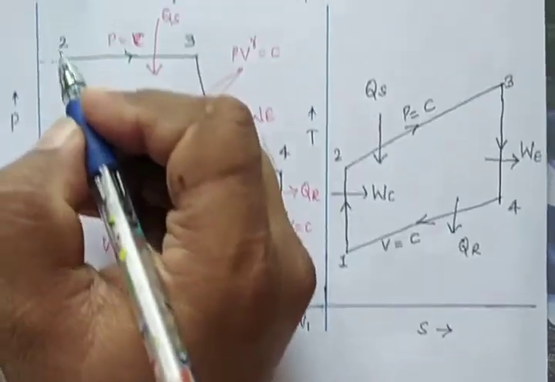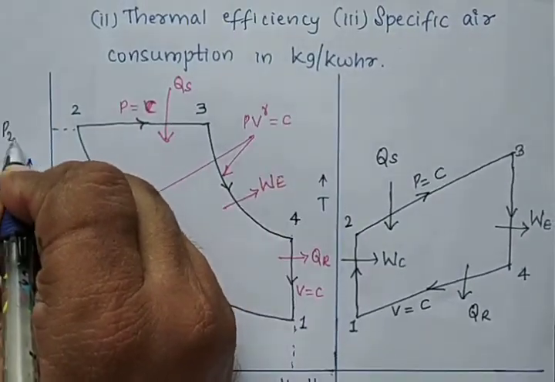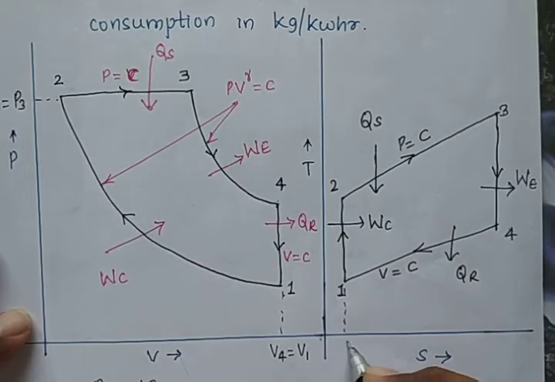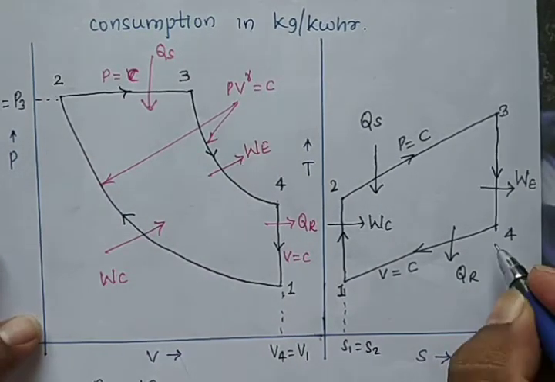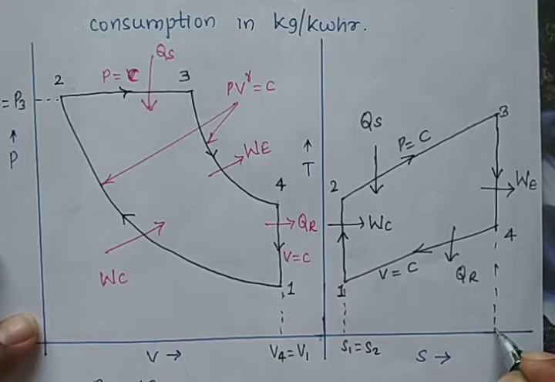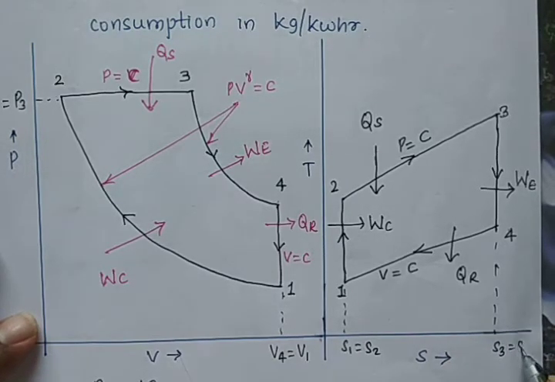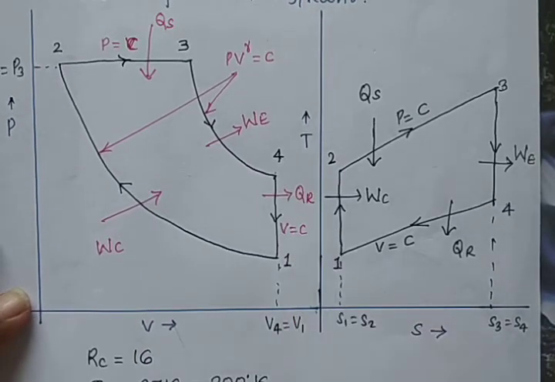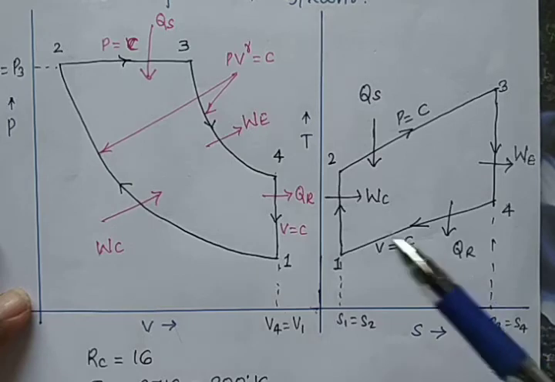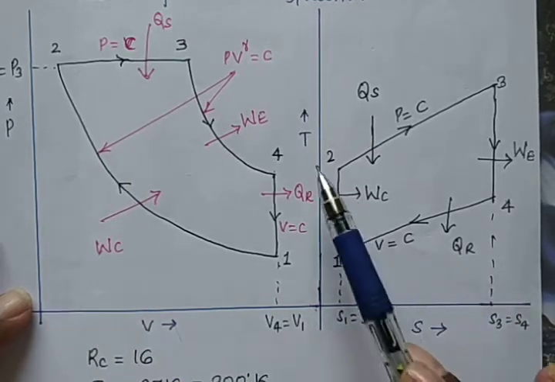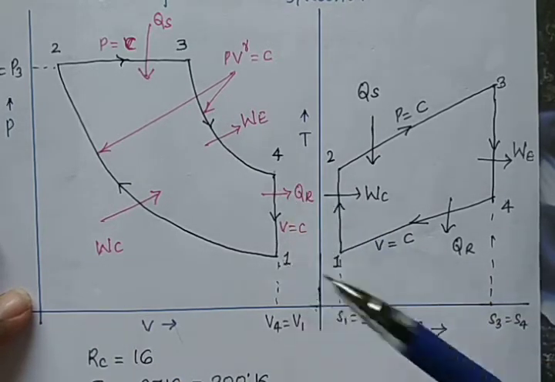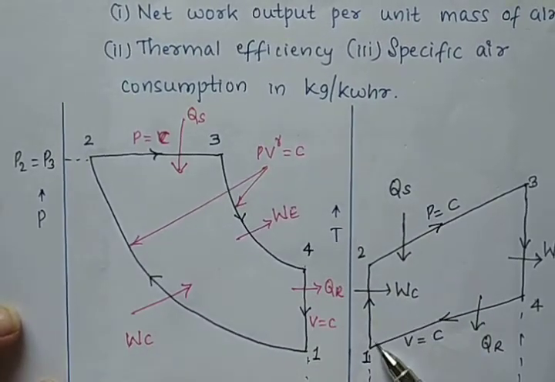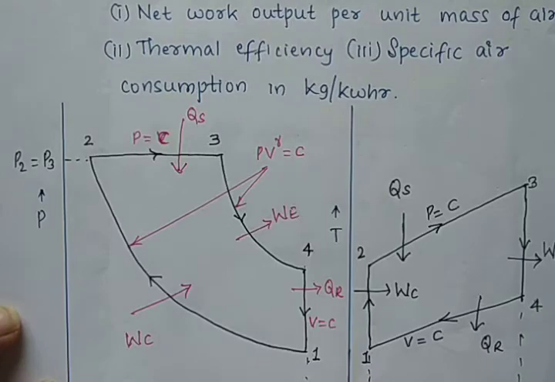Similarly in the PV diagram P2 equal to P3, and S1 is equal to S2. Similarly in the TS diagram S3 is equal to S4. So I am just writing what we know from the PV and TS diagrams.